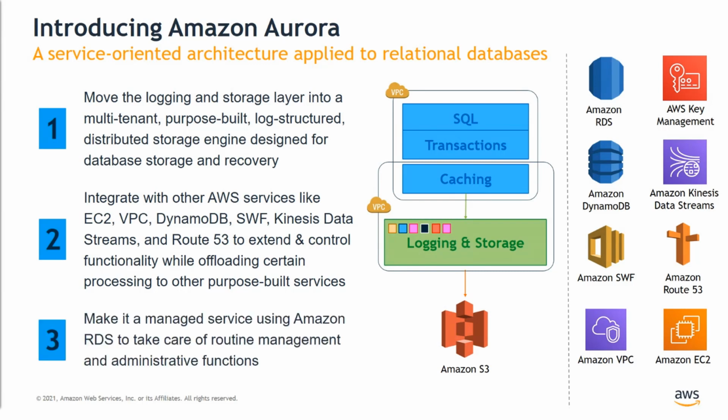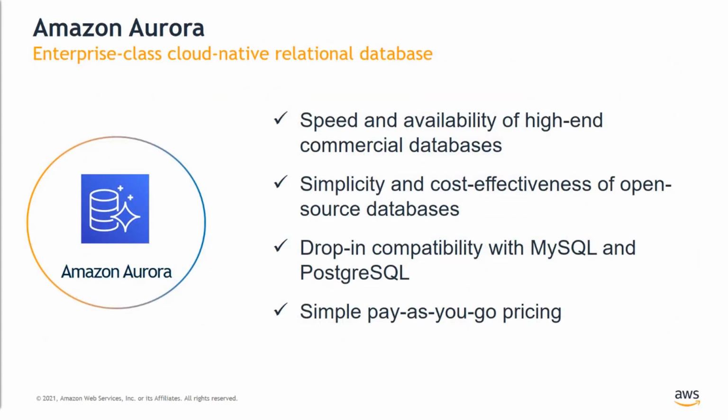And then we'd wrap it up in a managed service, right? Using, in this case, Amazon RDS to take care of all of the heavy lifting of the routine stuff, push button HA, push button disaster recovery, all those sorts of things. So really, Aurora is an enterprise cloud-native relational database that gives you the speed and availability of the high-end commercial databases, but with the simplicity and cost-effectiveness of open source databases.